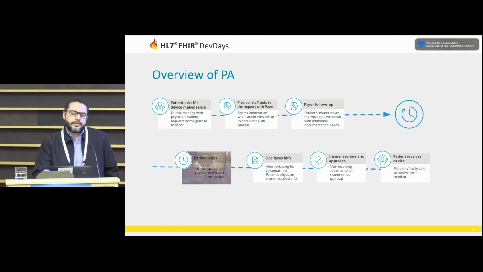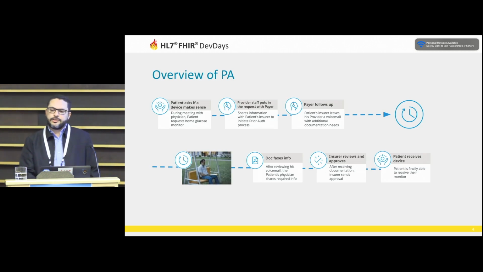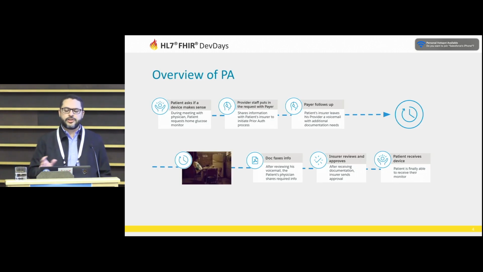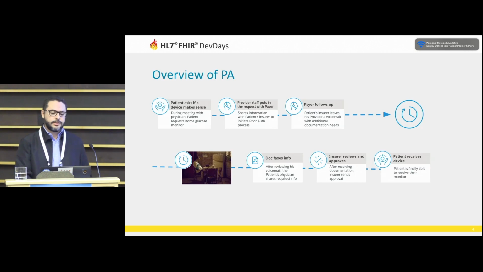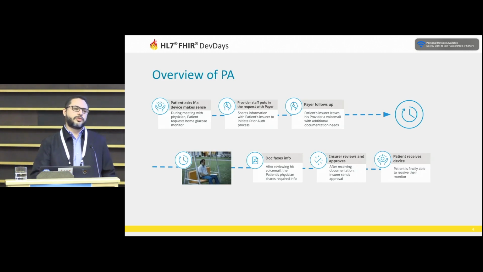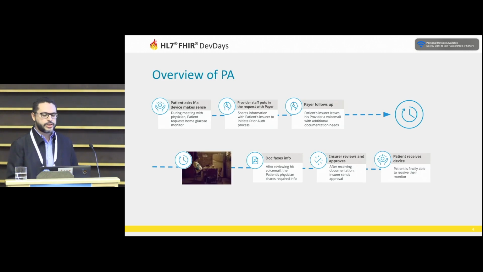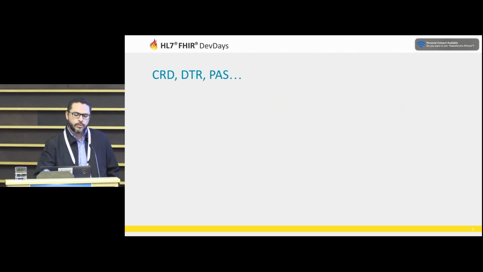So it's typical that PA requests take days or weeks for the patients or providers to traverse through this process end to end. And guess who is suffering in this situation? So we, as a community, need to improve it.